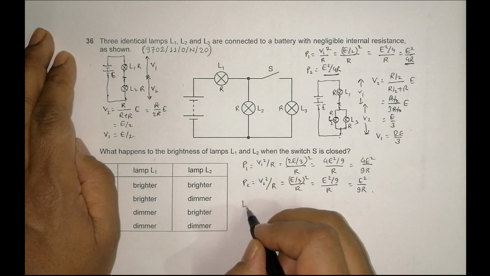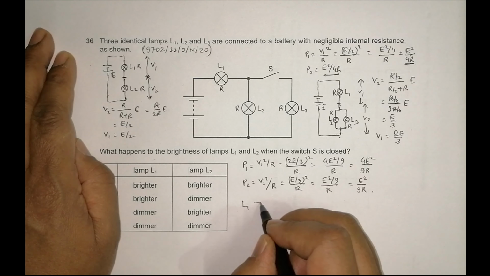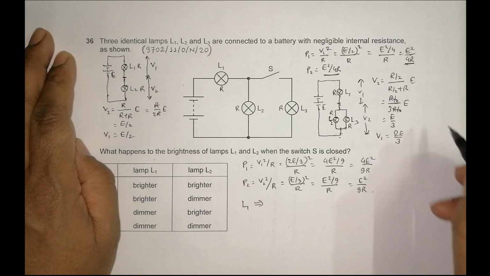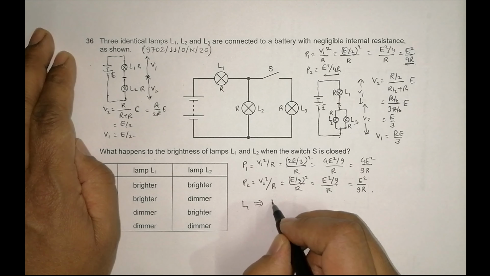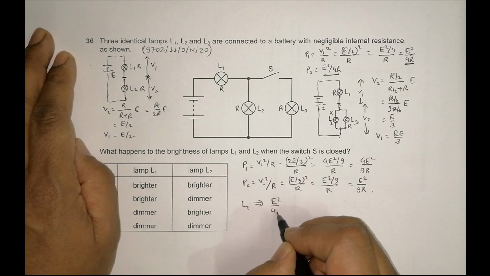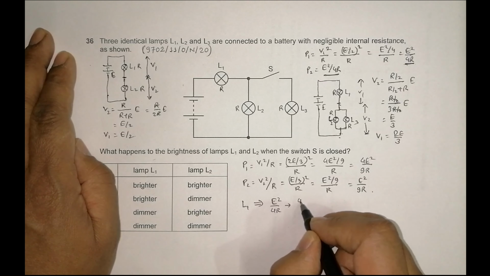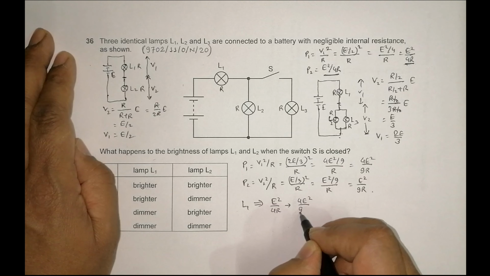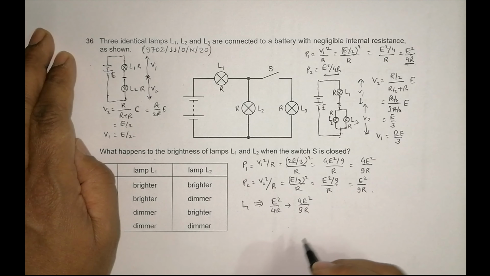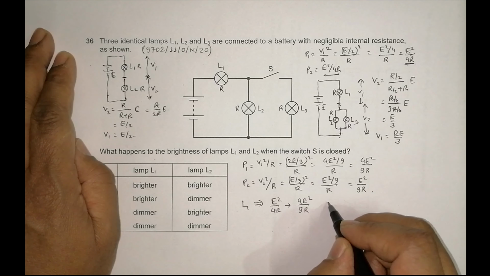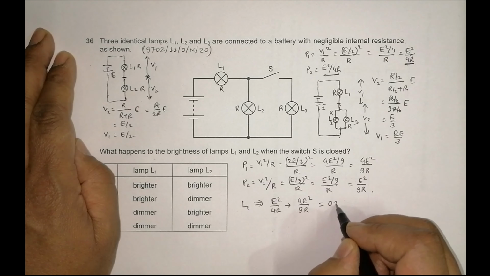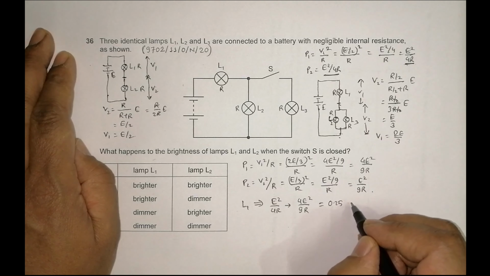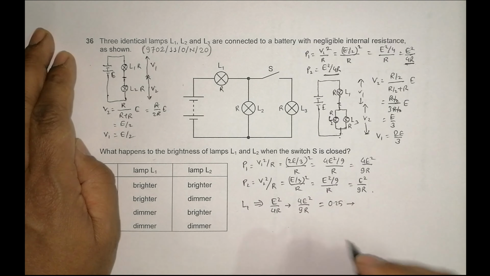Now for lamp L1, the power consumption has changed. Initially it was E squared by 4R, and now it is 4E squared by 9R. So E squared by 4R is 0.25, and 4 by 9, let me do a calculation.